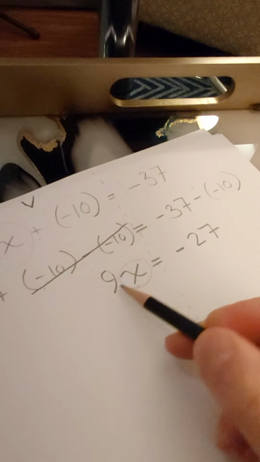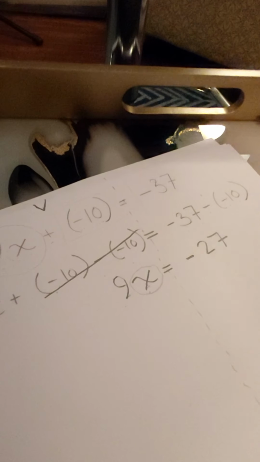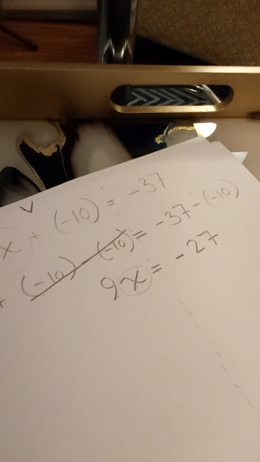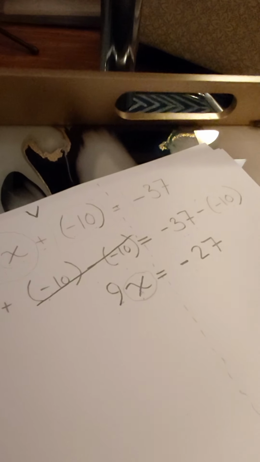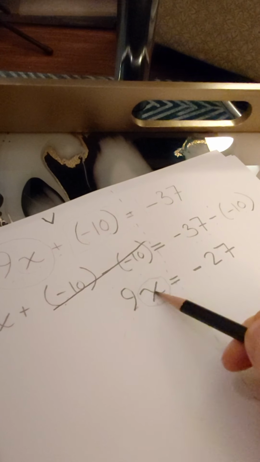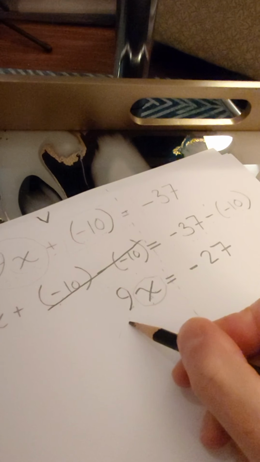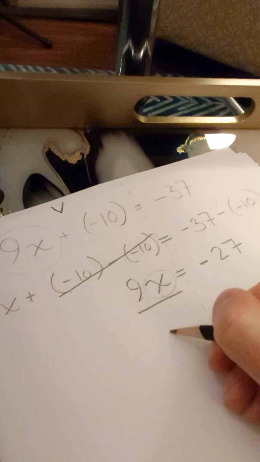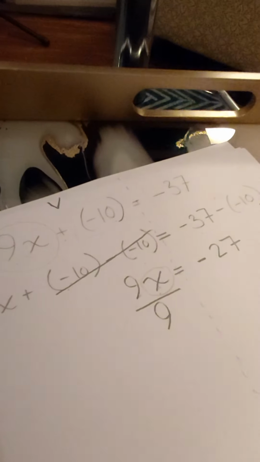Well, it's a multiplication, right? 9x, anytime you see a number and a letter attached together, it's a multiplication. So 9 times x. So what is the opposite of multiplication? Division, exactly. So if I want to get rid of this 9 times x, I have to turn this into a fraction and divide by 9.